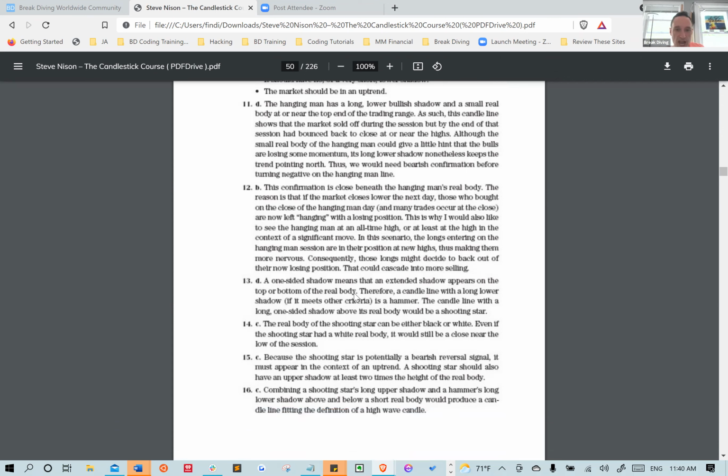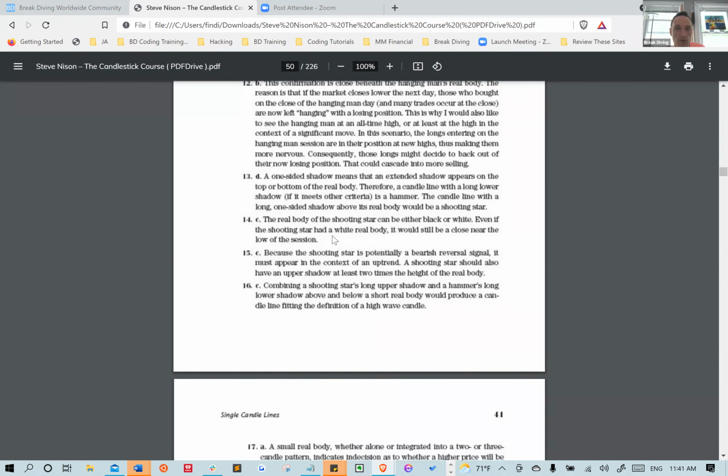13, a one-sided shadow means that an extended shadow appears on the top or bottom of the real body. Therefore, a candle line with a long lower shadow is a hammer. The candle line with a long one-sided shadow above would be a shooting star. The real body of the shooting star can be either black or white. Even if the shooting star had a white real body, it would still be a close near the low of the session.